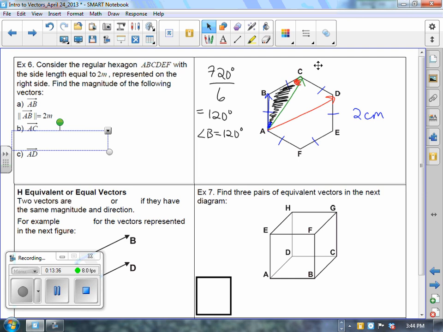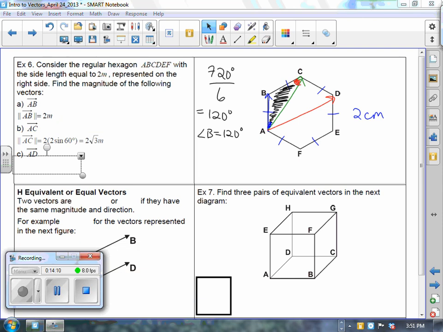Let's consider the calculation on AC. Okay, and we have 2 multiplied by 2 sine 60, giving us 2 root 3 meters. So we'll look at the reasoning behind that. I'll have you pause the video and then attempt to calculate AD. You can unpause and check the remainder.